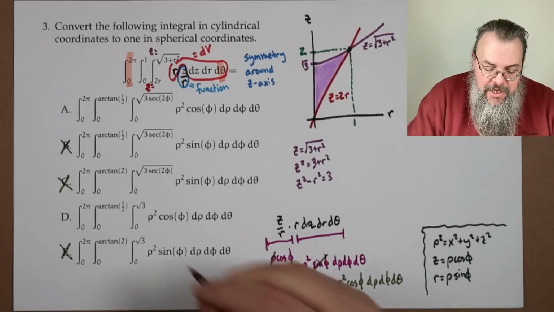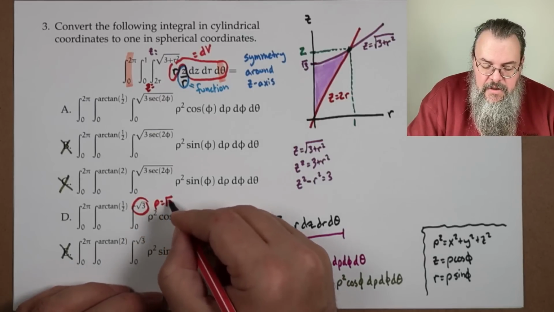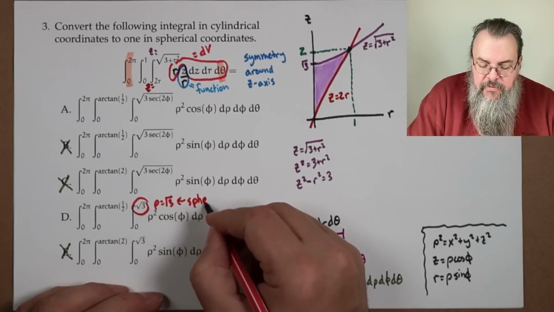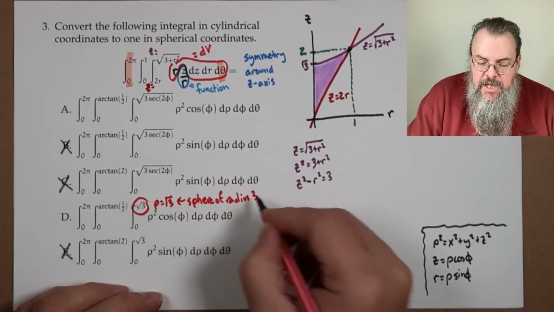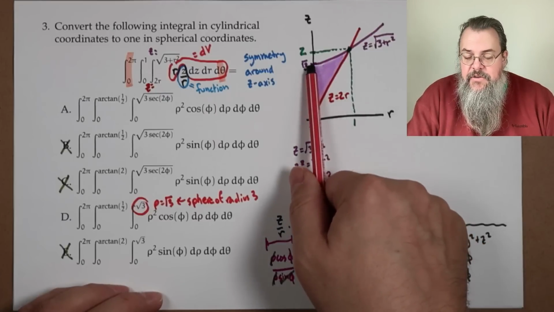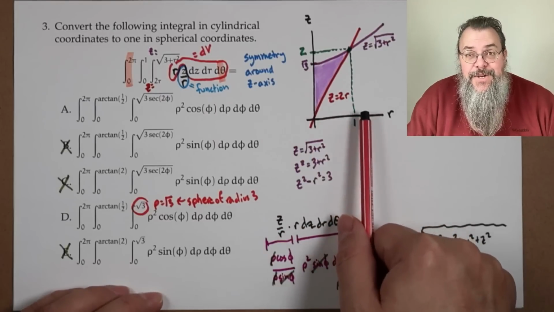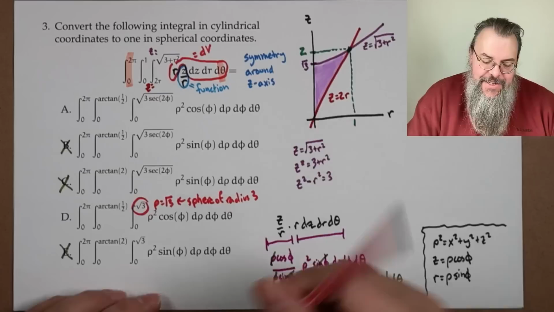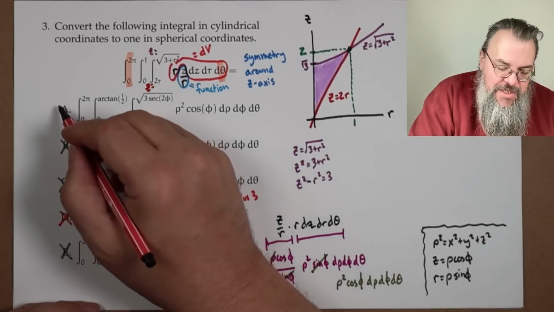This is the sphere of radius root 3. Now, thinking about our shape, do we have a sphere of radius root 3 in our picture? We do not.